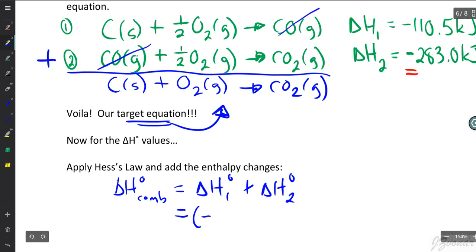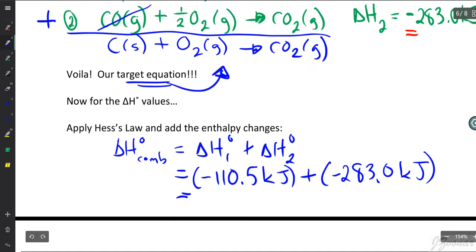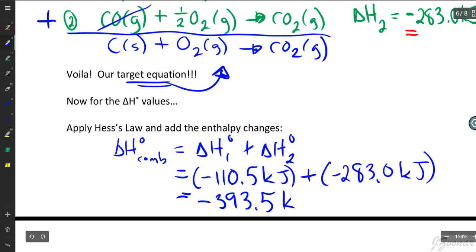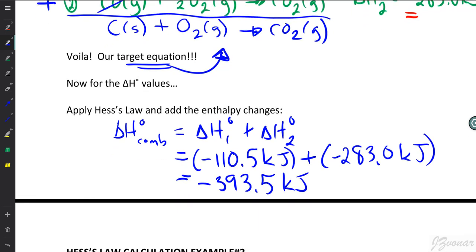So the first one is negative 110.5 kilojoules. And my second one is negative 283.0 kilojoules. Adding that up, I get an answer of negative 393.5 kilojoules. Okay, so I have solved for this particular reaction without actually performing the experiment.